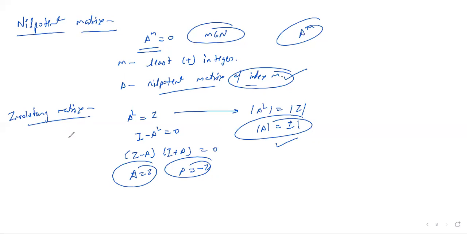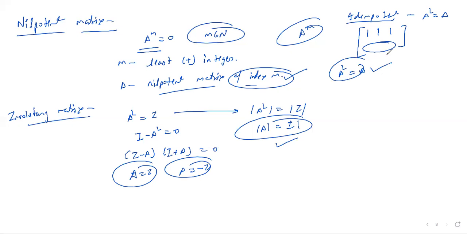now let's see that we have talked about the idempotent matrix and the involutory matrix. Now if we talk about the idempotent case, then for idempotent we have A square equals A. Okay, so if I have a matrix A which is, let's say, 1 1 1 in the first row, and the other elements are 0, then it satisfies the property of A square equals A. Okay, if I have this first row which is 1 1 1, and other than these elements all are 0, then it will follow the property of idempotent.